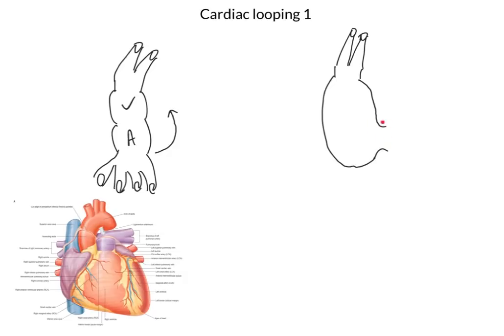So this point here corresponds to this point here that I drew on the left-hand side. We'll label this as the ventricle. And then here is our primitive atrium with our sinus venosus vessels attached. And then that goes on to form the bulge of the primitive atrium, which is now sitting posteriorly.